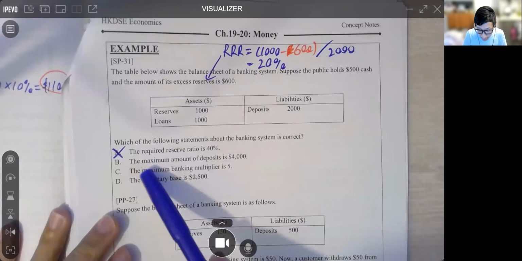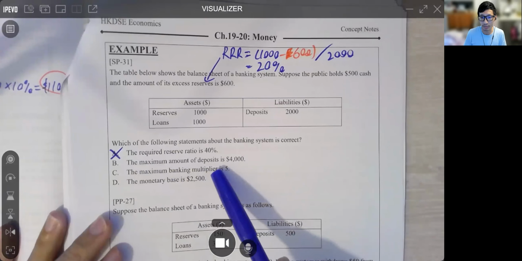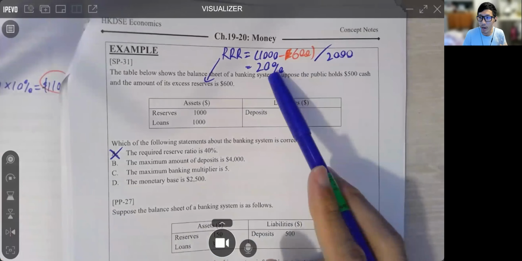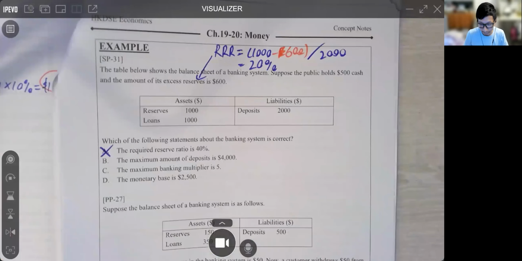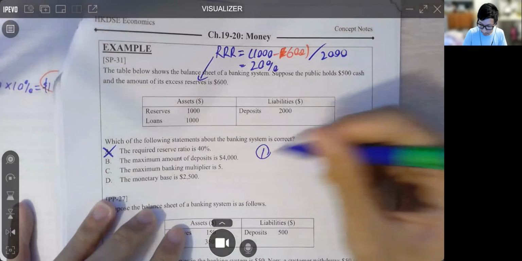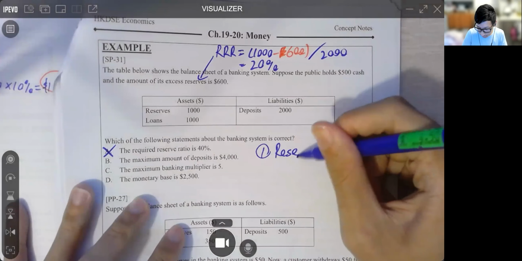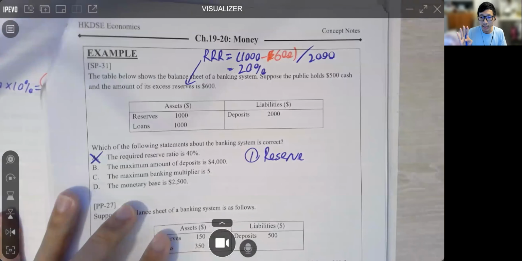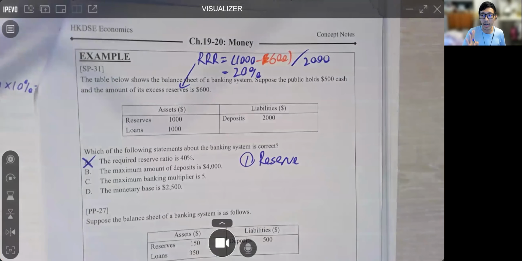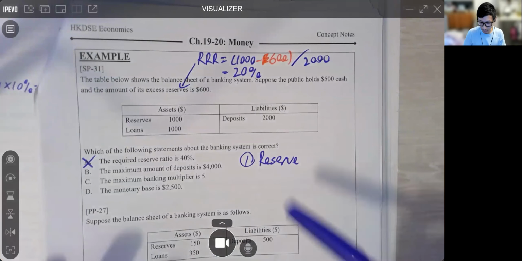Now let's see the maximum amount of deposit. 好啦，既然我哋有咗 required reserve ratio 啦，記住咯噃。Now we follow the 3 steps. Step number 1, let's get the reserve. Okay, boys, is there any withdrawal of money or injection of money? 而家冇人入錢或者掹錢走，no one does anything.